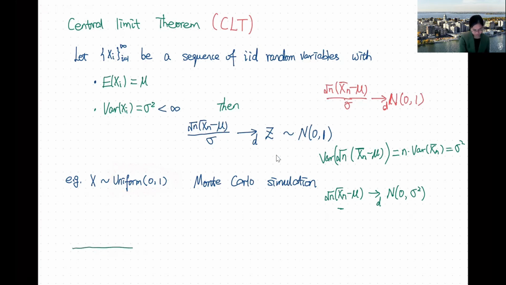We know the uniform 0-1 distribution is supported on 0 and 1, and it's a flat line on that interval. So that is the probability density function of the uniform 0-1 distribution, f_X(x).